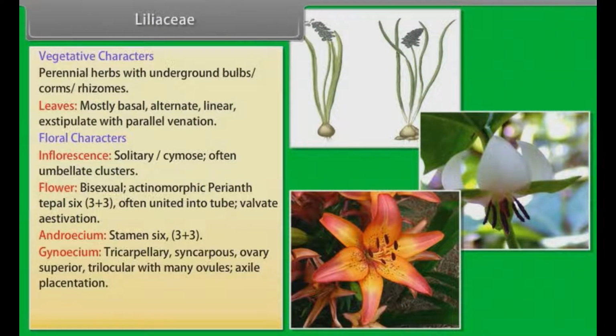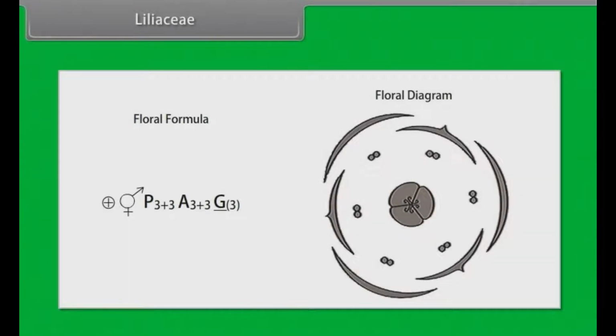Gynoecium, tricarpellary, syncarpous, ovary superior, trilocular with many ovules, axile placentation. Fruit capsule, rarely berry. Seeds endospermous. Floral formula is shown, and this is the floral diagram.